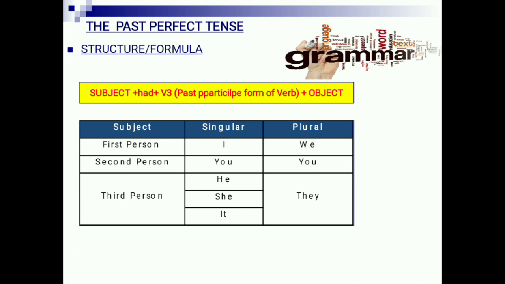Then after this, the object, that is the remaining words in the sentence, will come as it is. Before moving ahead, let's have a short look at the given chart. Subject. Types of subjects are first person I, we, second person you, third person he, she, it, they. Let's move to the next slide.